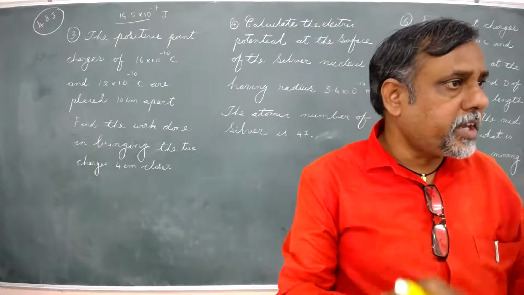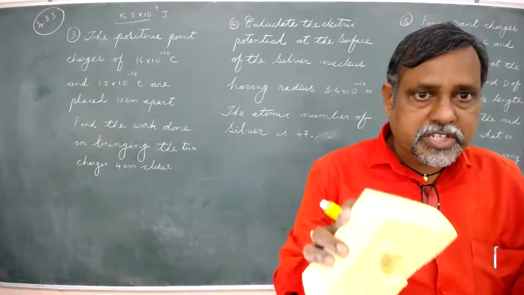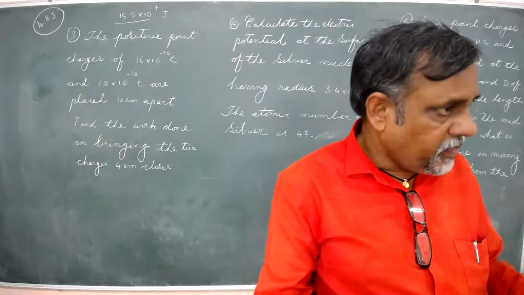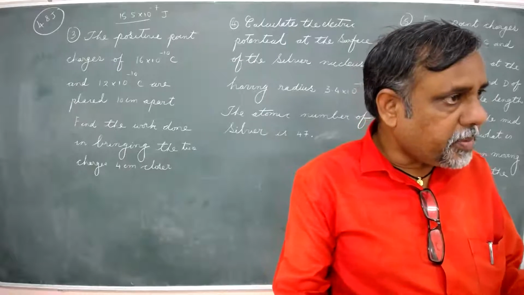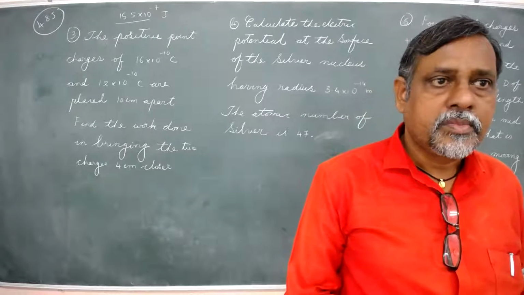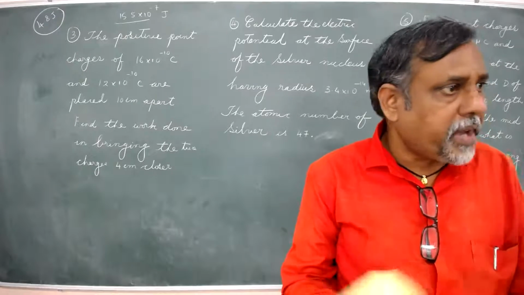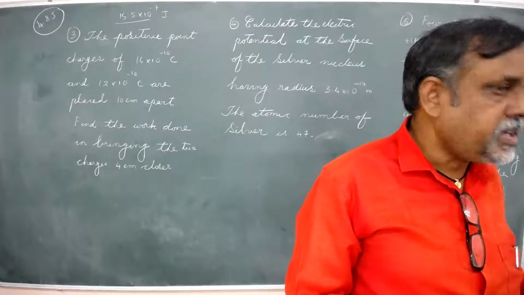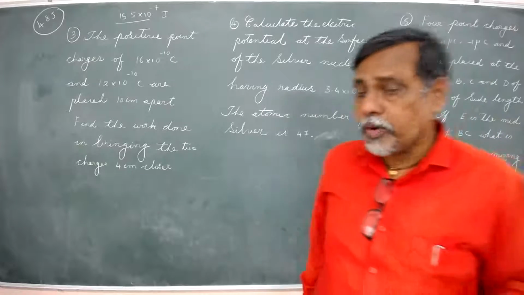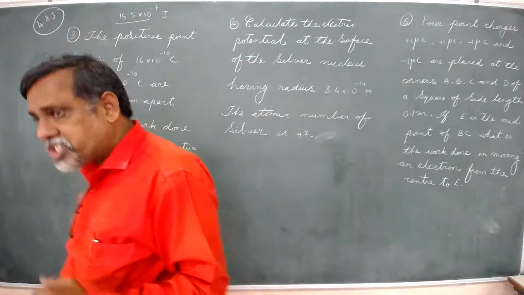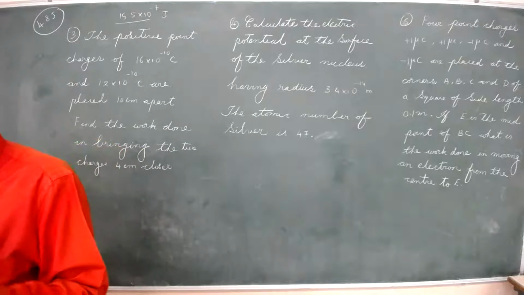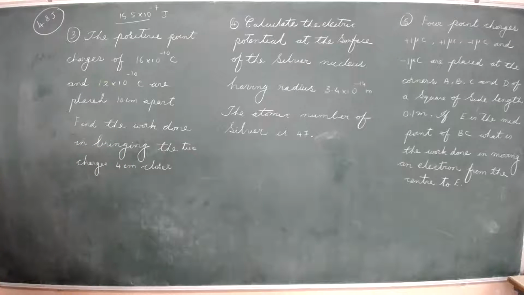The same point in one or two situations yesterday I told. Whenever, in spite of the force of repulsion acting, in spite of the possibility for the two charges to go away from each other, the two charges are not moving like that, in such cases a kind of energy gets established between them.